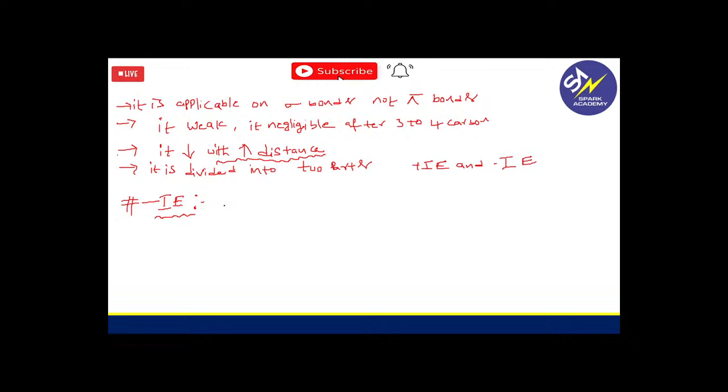The atom or group which withdraws, which takes the electrons. The atom or group which withdraws the sigma bonded electron density towards themselves are known to show minus IE.